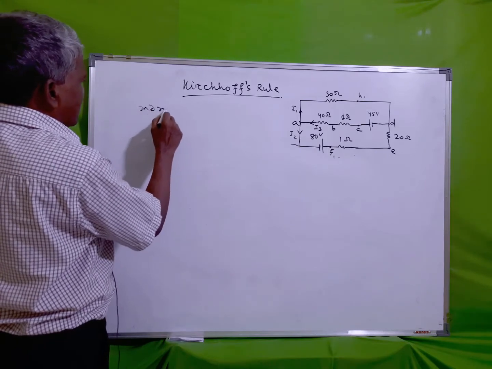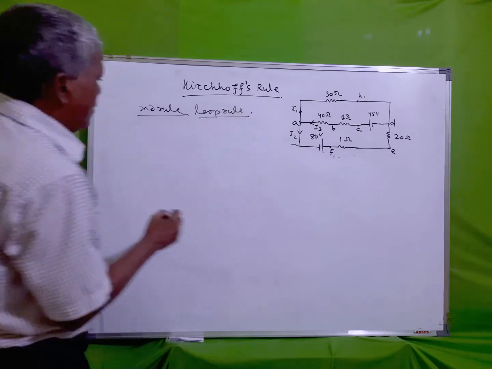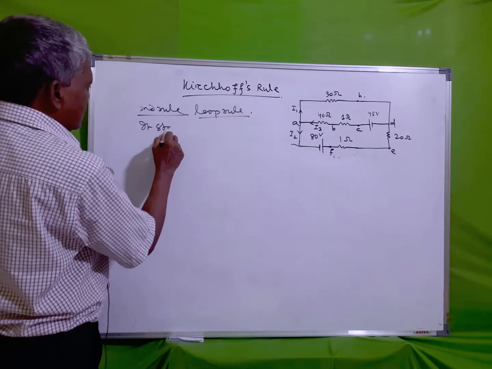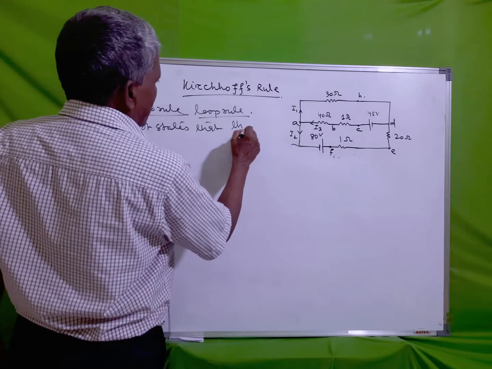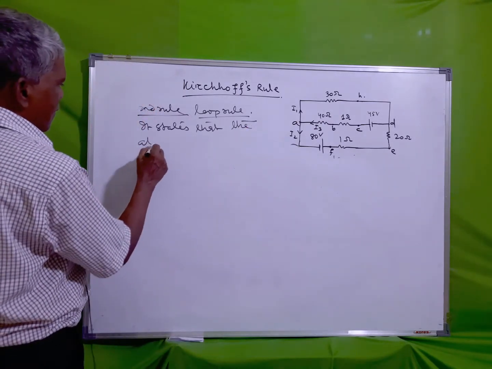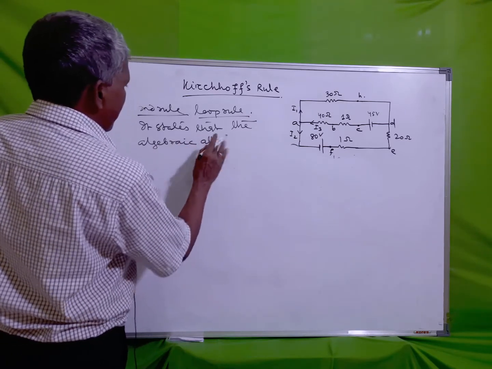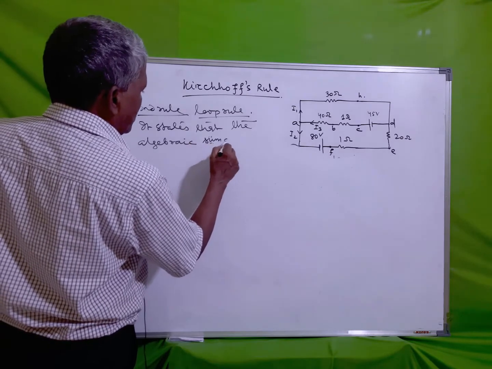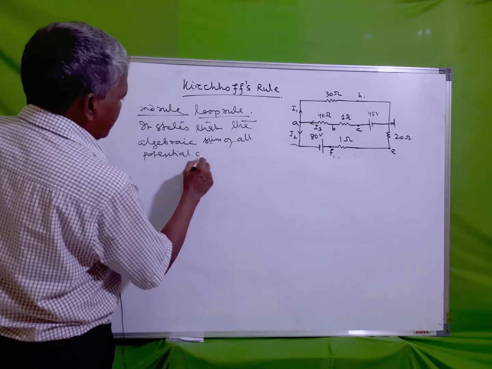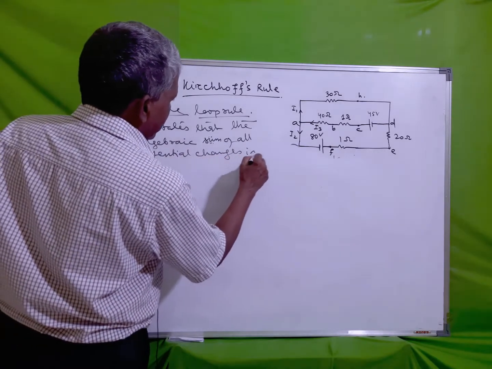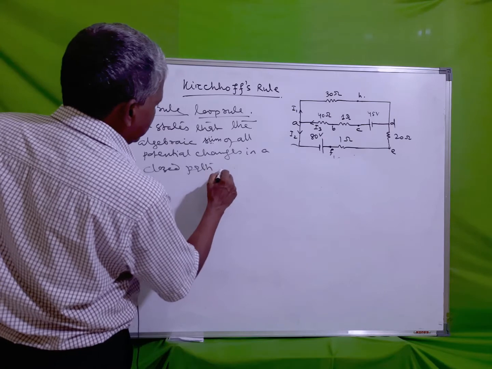Second rule, or the loop rule. It states that the algebraic sum of all potential changes in a closed path is 0.